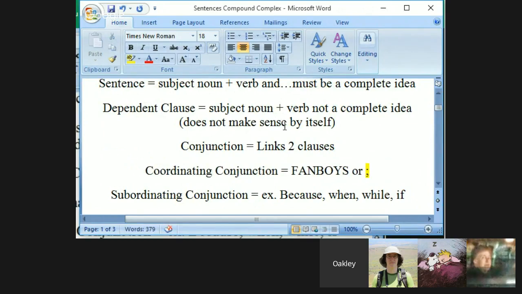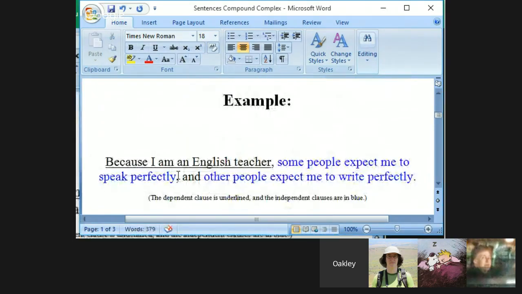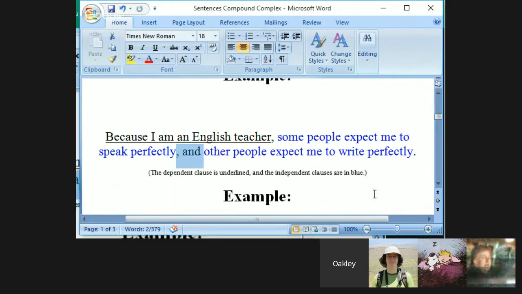Anyway, coordinating conjunctions coordinate two independent clauses. And here we have and. Notice that there's also a comma plus and, one of our FANBOYS. So there you go. There's a basic compound complex sentence. Pretty much the most basic example.